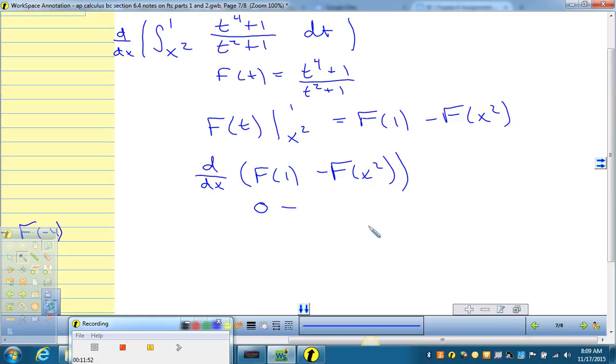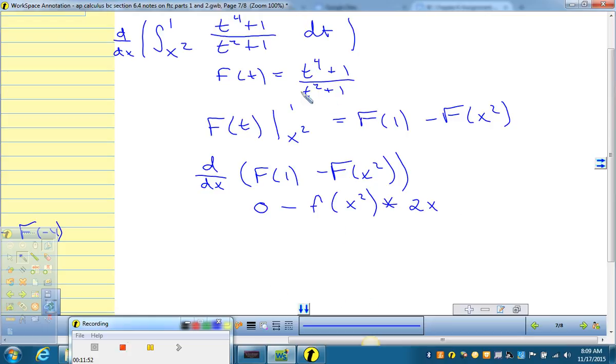Negative. Take the derivative of the outside, leave the inside alone. Little f of x squared, leave the inside alone, times the derivative of the inside, 2x. All right.